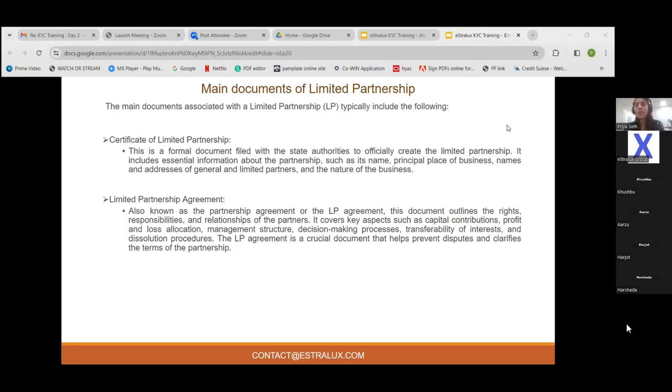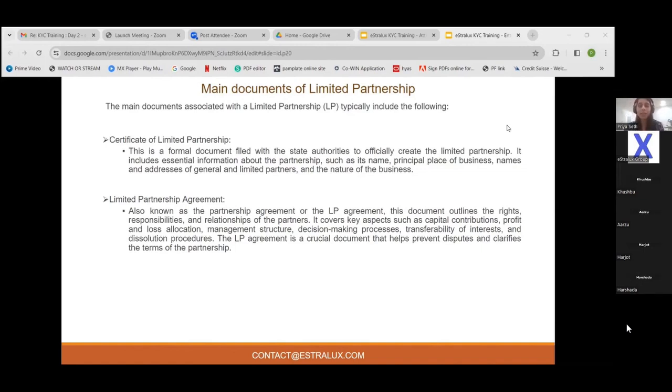That is why we are knowing your entity types. Although you don't have to go into much detail of every document, you have to just know the gist of it. That okay, this is partnership, and you should quickly get into the okay, these are the things which I need to collect.